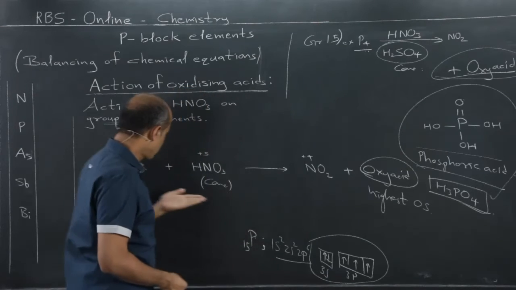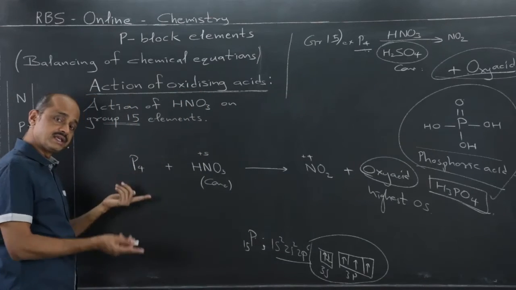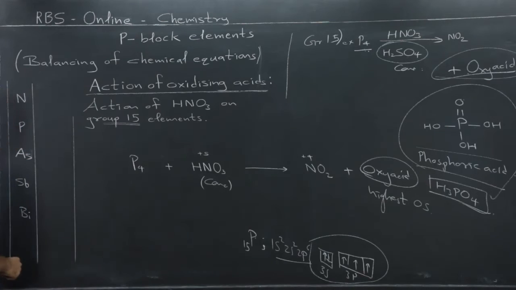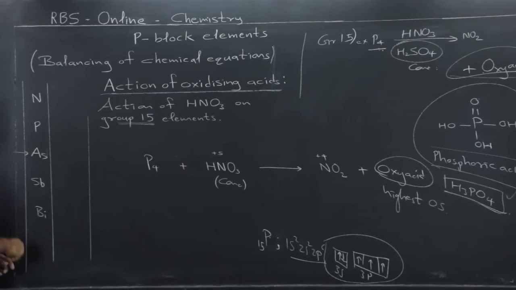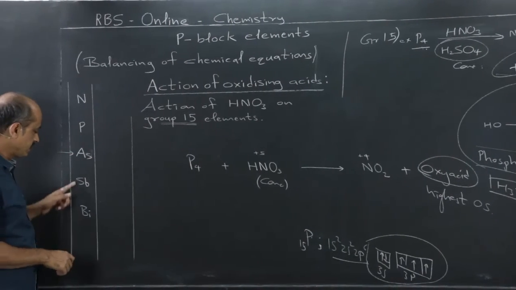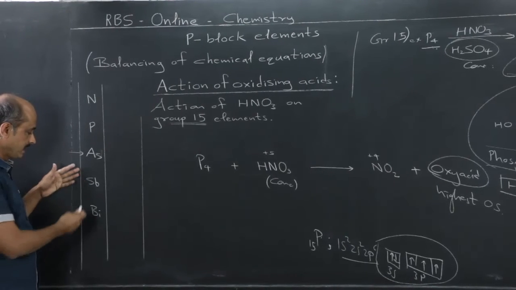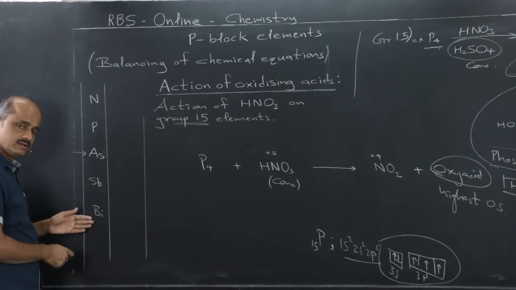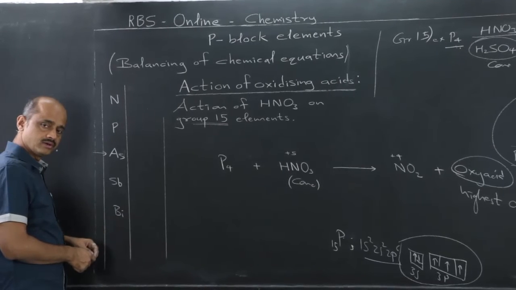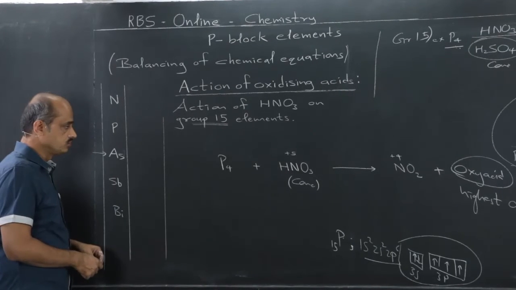If this is fixed for phosphorus, the same pattern will be applicable for arsenic. Broadly the same pattern, with certain changes, will be applicable for antimony, and what will be applicable for bismuth I will tell you.